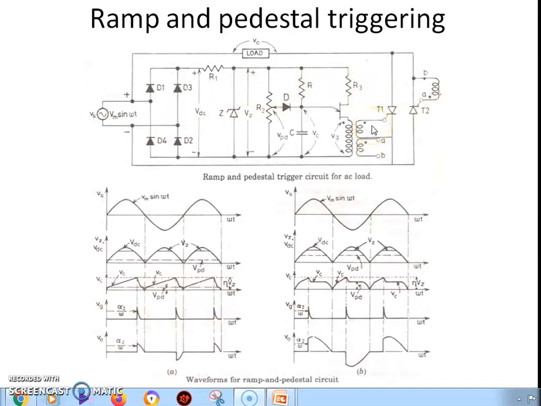The function of the pulse transformer is to generate synchronized pulses to the thyristors, and it also provides isolation between the high power thyristor circuit and the low power control circuit. This is called the GT firing circuit.